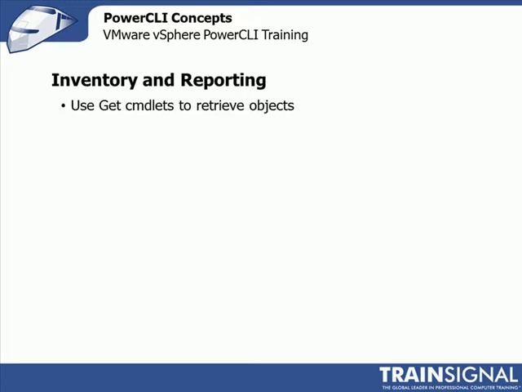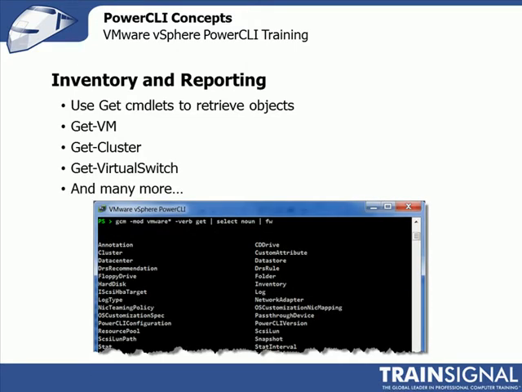If you're thinking about retrieving information about files on your hard drive, retrieving information about anything from anywhere. That's what the get verb is about. So, for example, PowerCLI, get-vm. That's going to be one that you'll use a lot. Some other examples, get cluster, get virtual switch, and many more. So there's actually dozens and dozens of these things, all that start with get, and they all achieve a similar purpose, which is to pull information out of vCenter.